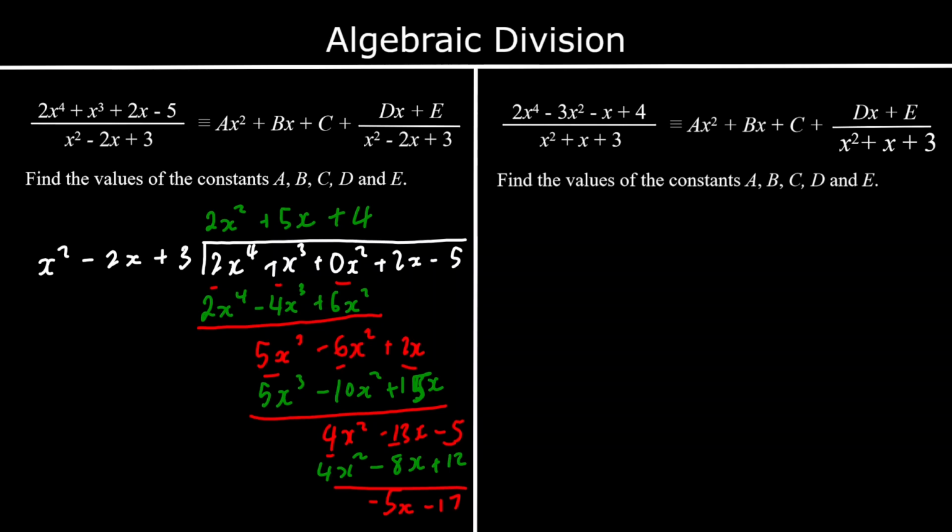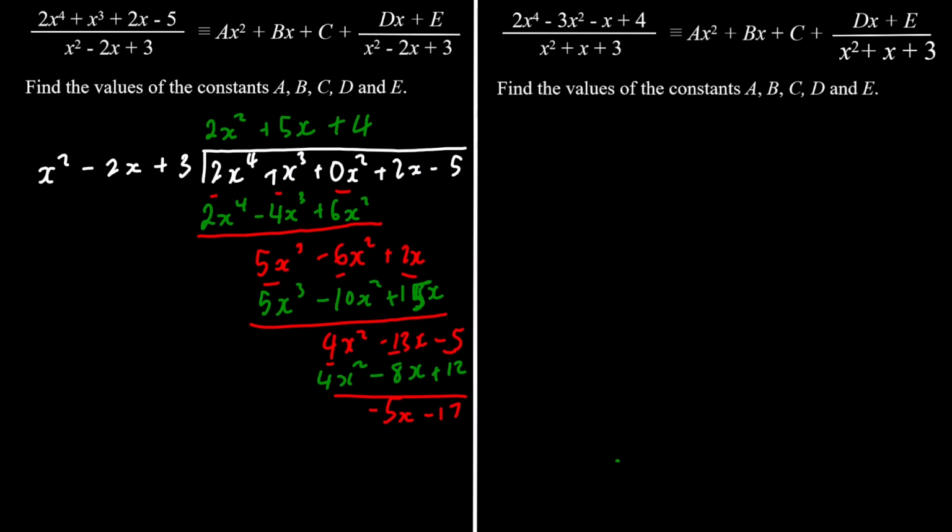So our answer from the division goes on the outside. So 2x squared plus 5x plus 4. I'm going to change negative 5x minus 17 into minus 5x plus 17.